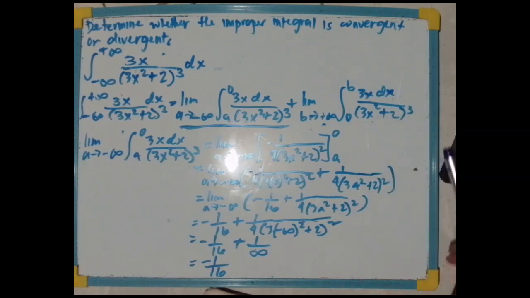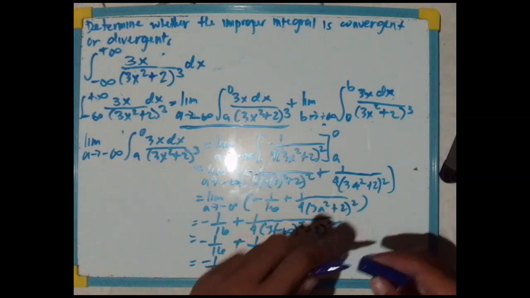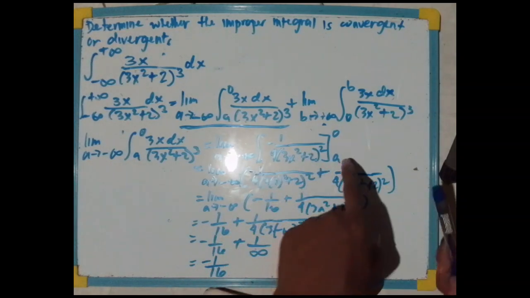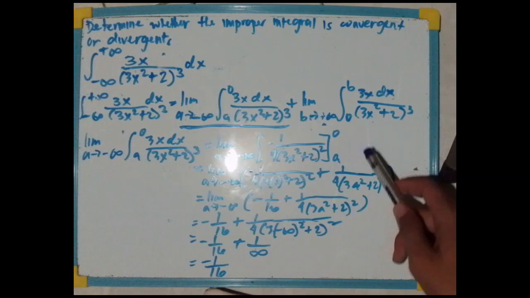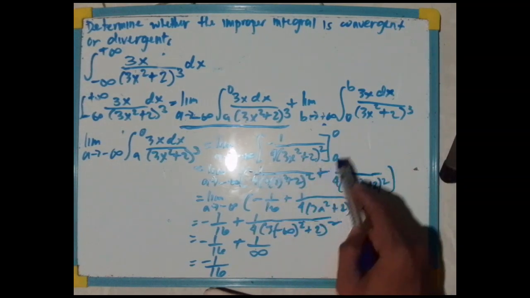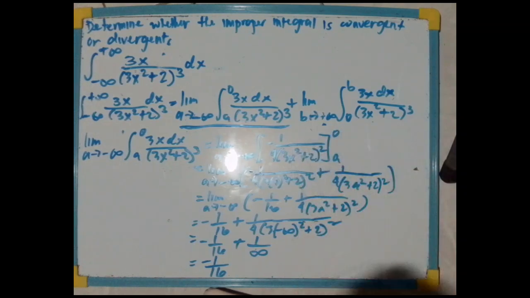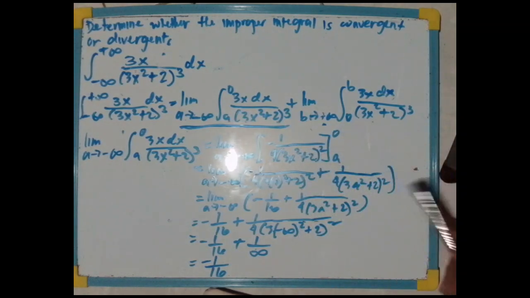Now, applying the definite integral rule, we substitute the upper bound 0 first and then minus the function substituted by a as the x.